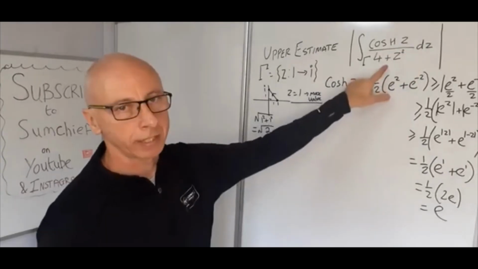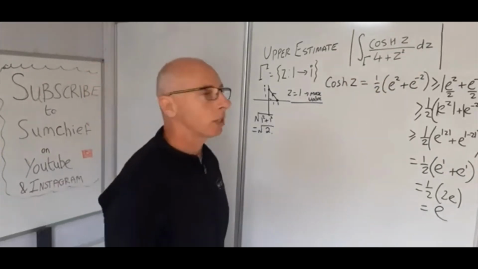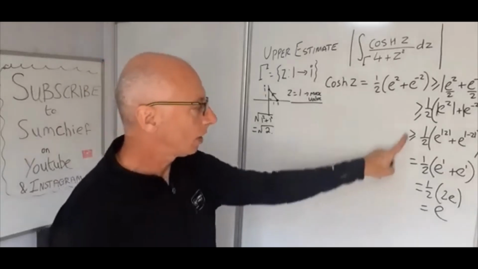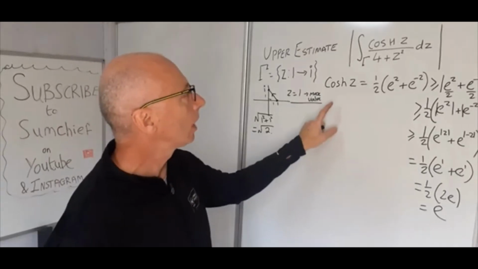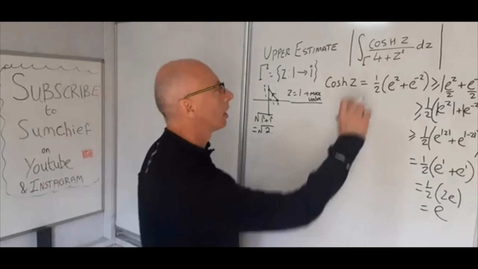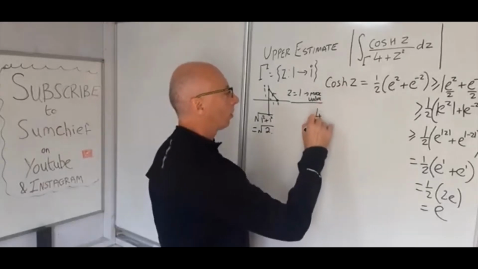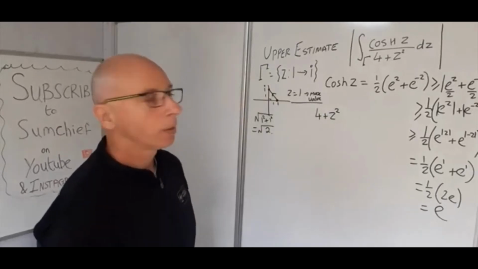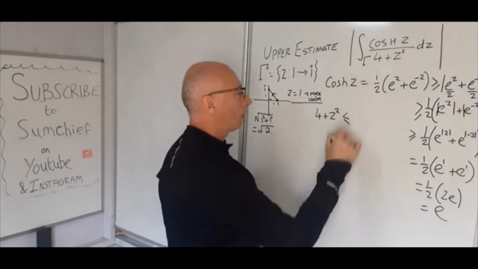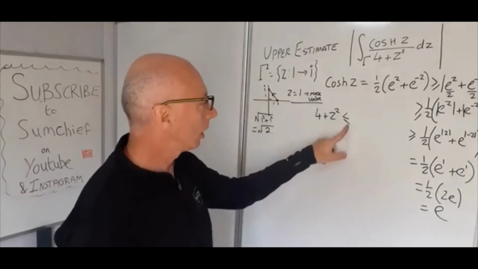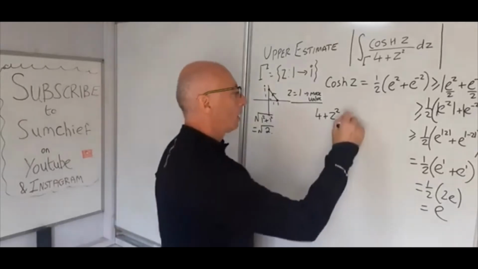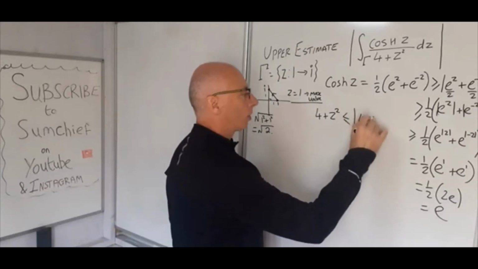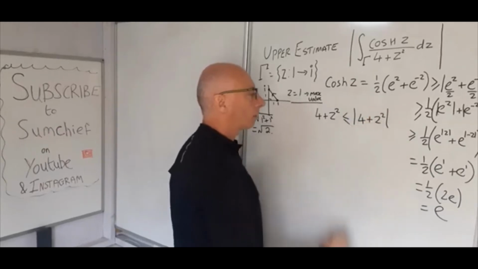Now we want the denominator. For the denominator we need to use the backwards form of the triangle inequality. This is just the standard form, and we need to try and find the backwards form now. So if we take 4 plus z squared, the backwards form has the inequality sign reversed.